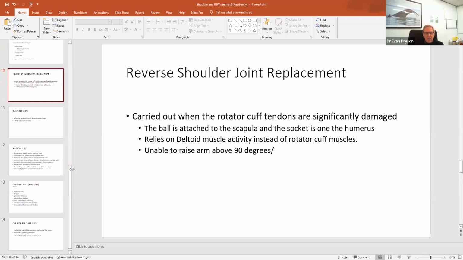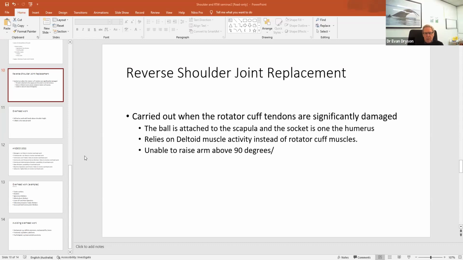This is another treatment that can be offered for rotator cuff and shoulder problems. You can replace the whole shoulder joint. And there are two operations that can be carried out. The first one is what's called anatomical, which means that the ball on the top of the humerus is replaced by an artificial one, and the socket on the scapula is replaced by an artificial one.